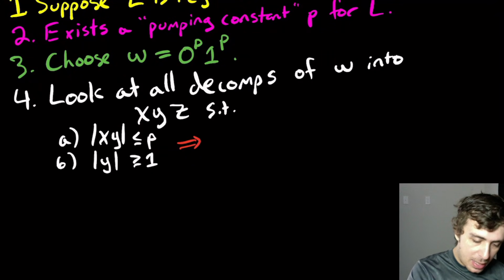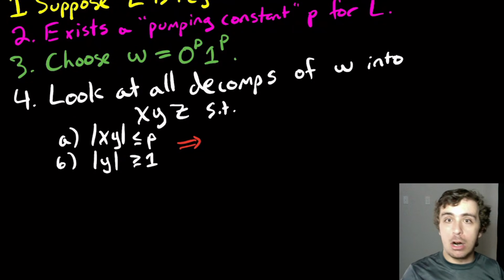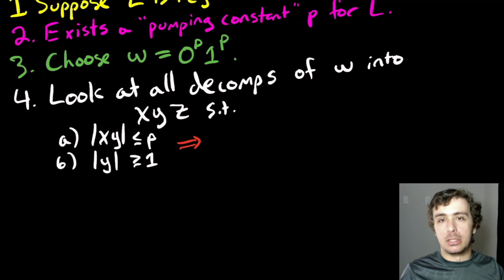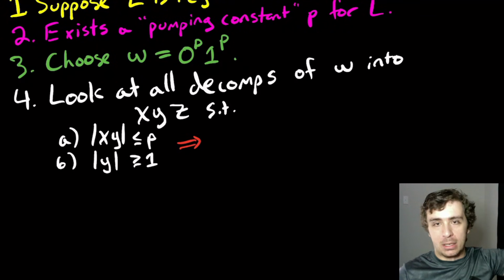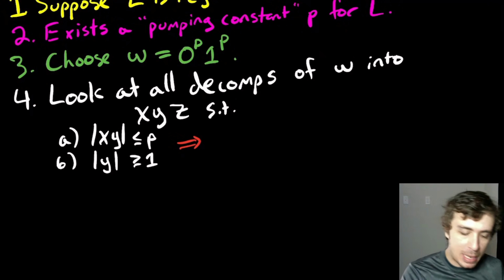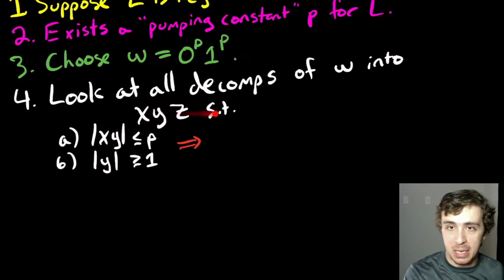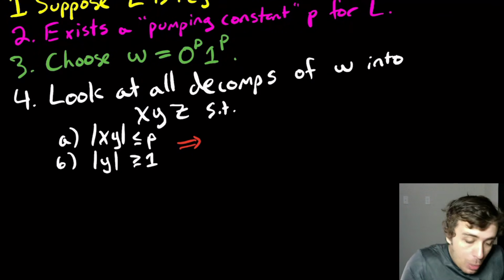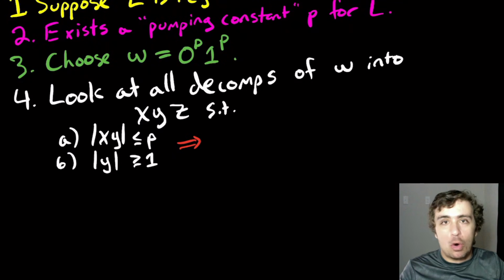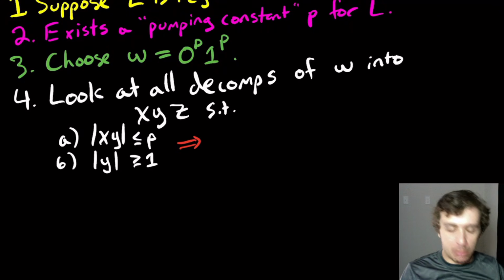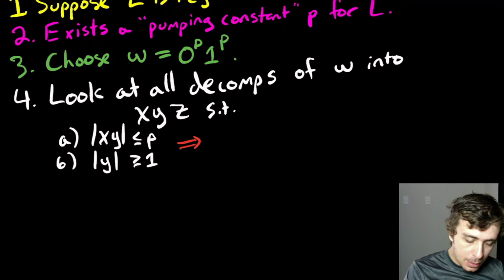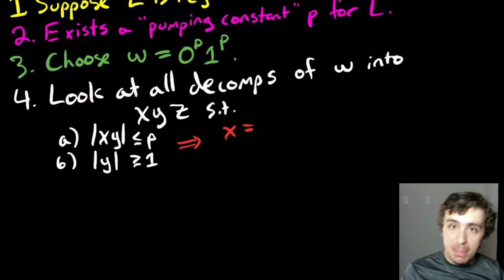It could be that x and y are a lot shorter than P characters, or it could be all P characters. We don't know for sure because we have to look at every possible decomposition. All that we know is that x and y contain only zeros and no ones whatsoever. So x is going to be some number of zeros.